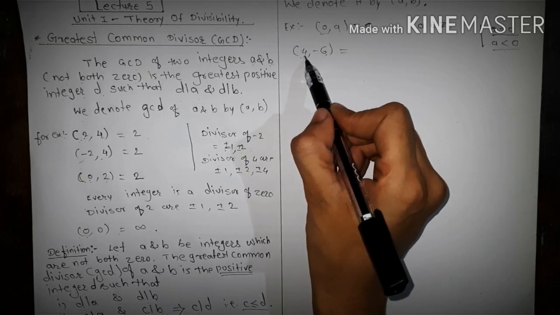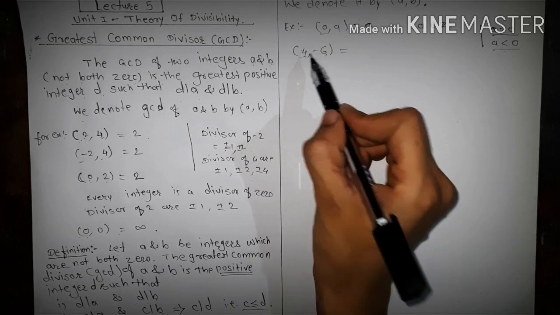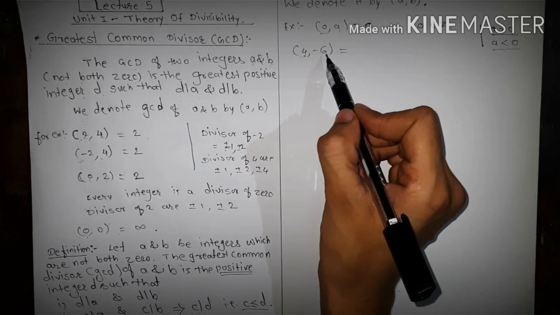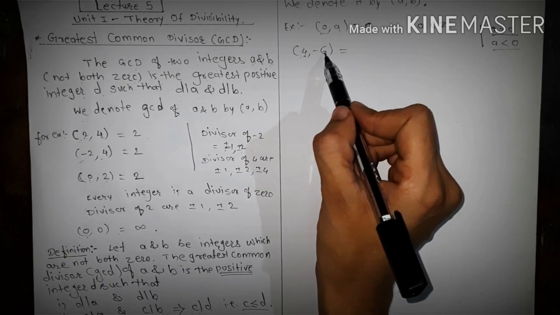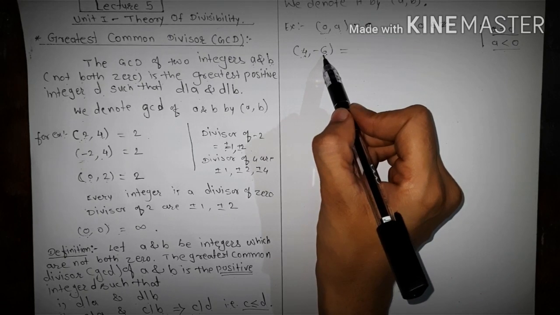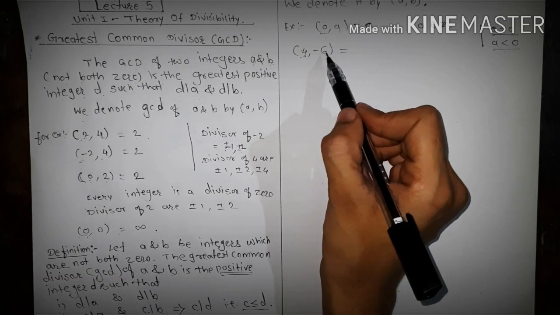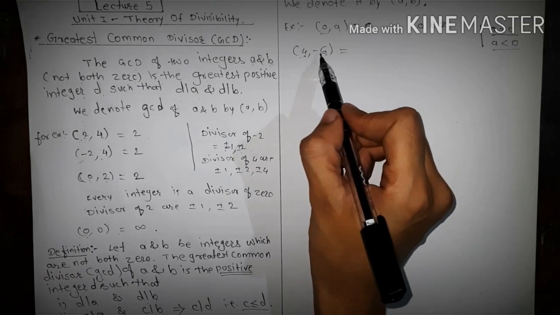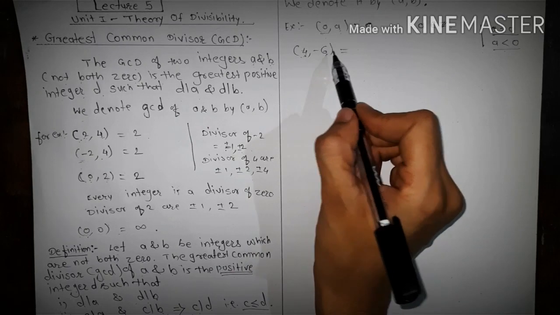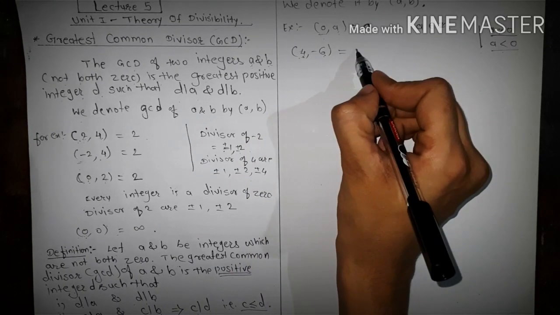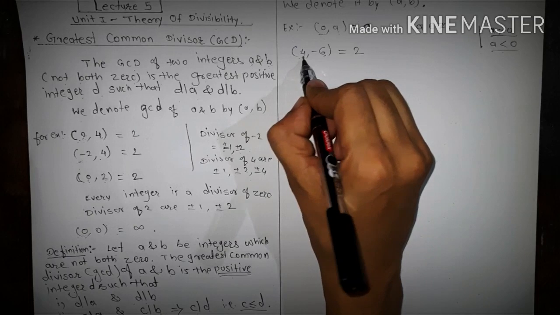The divisors of 4 are plus minus 1, plus minus 2 and plus minus 4, and the divisors of minus 6 are plus minus 1, plus minus 2, plus minus 3 and plus minus 6. Right? So what is the greatest among those? It is 2, which divides both 4 and minus 6.